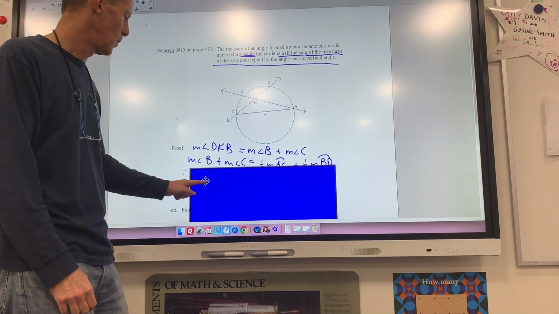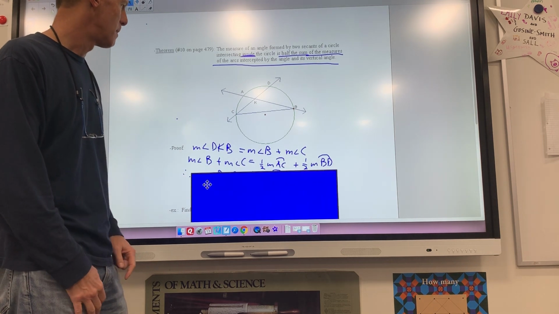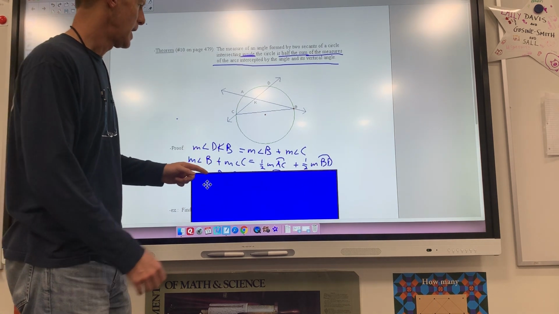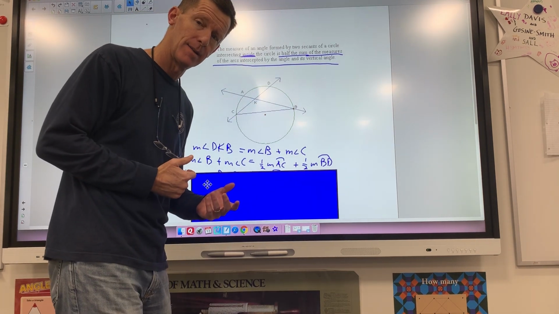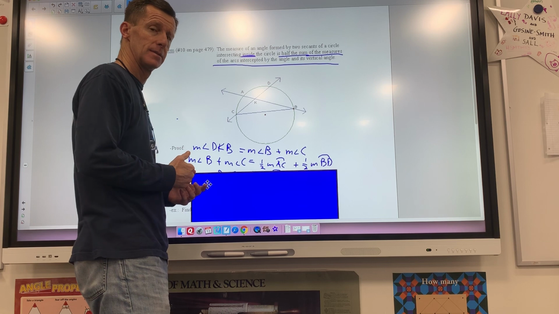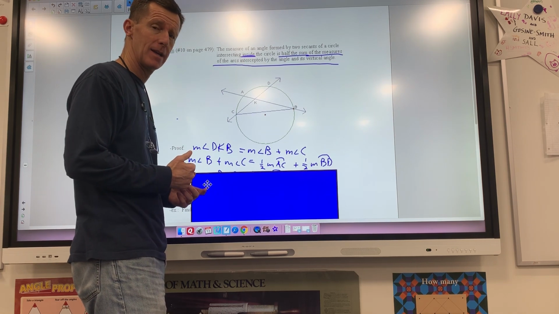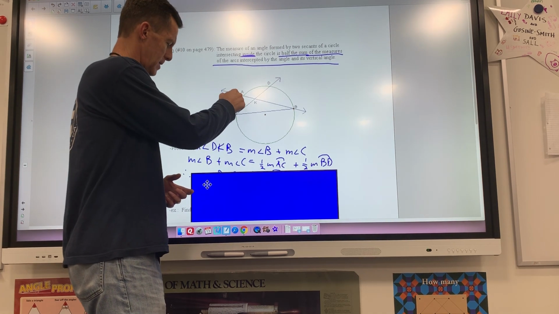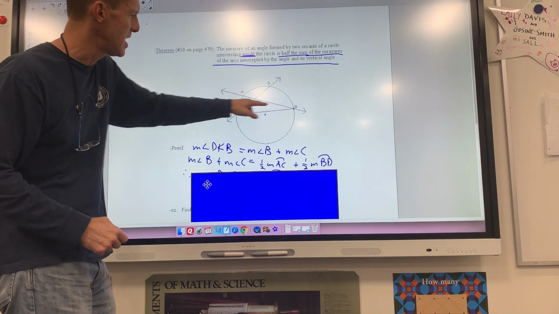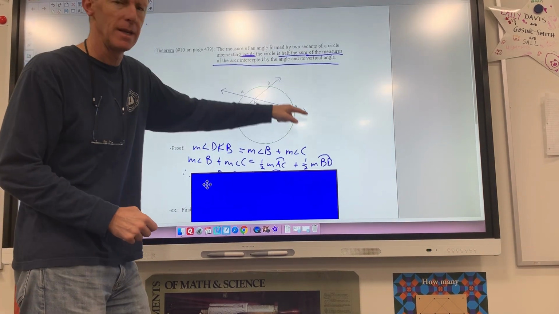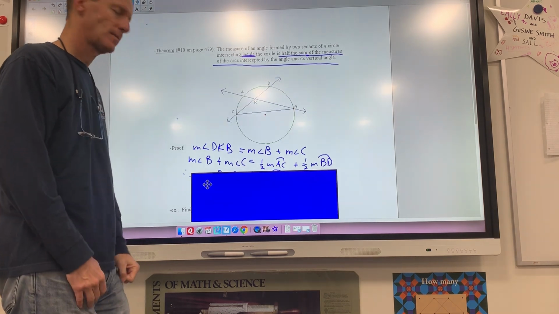We also know that the measure of angle B is half the measure of arc AC. Why? You should know that one, right? Isn't that angle going to be half of that arc? And isn't the measure of angle C half of arc DB?